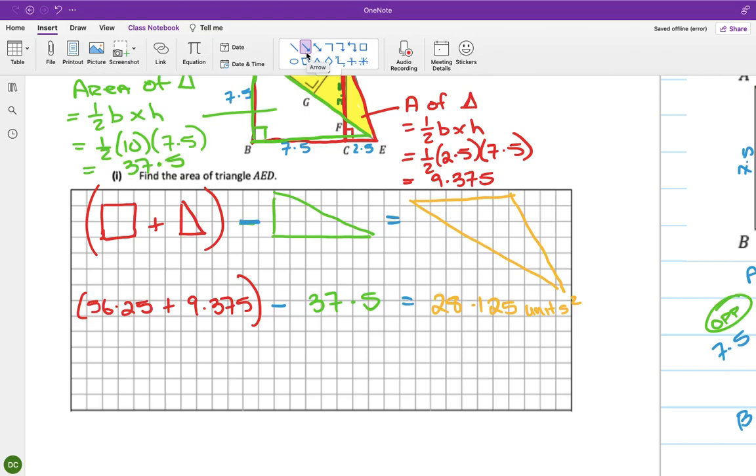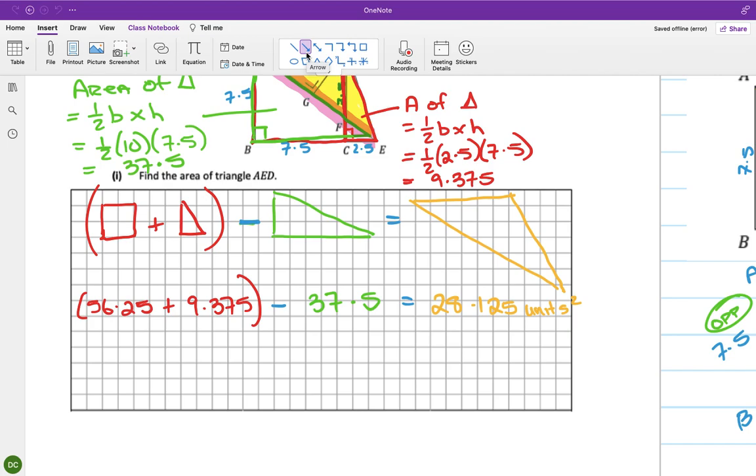So the second part here was find AE and hence find DG. So where's AE? Oh, okay. AE is this here. I've actually done it. There's the triangle ABE, and I calculated AE.